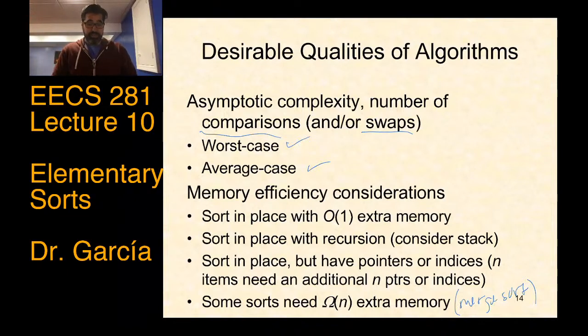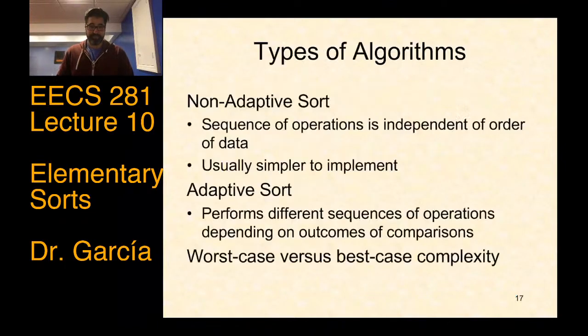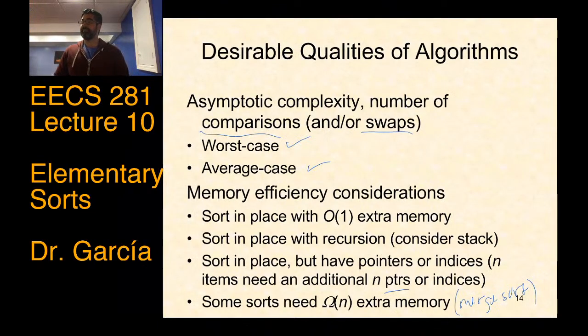Yeah, the issue with having to use pointers is that, of course, you have additional pointers or indices that you're going to need in order to do this. So also not ideal, but it's not as bad as requiring omega n extra memory, because assuming that the pointers or indices are much smaller than duplicating the data, if you will, by creating the extra memory.